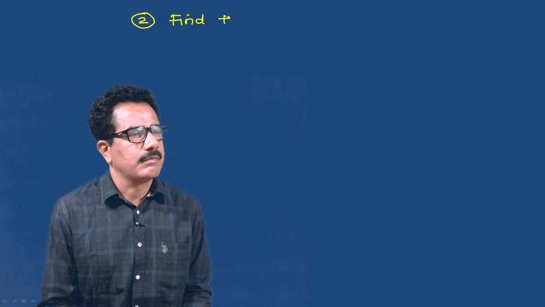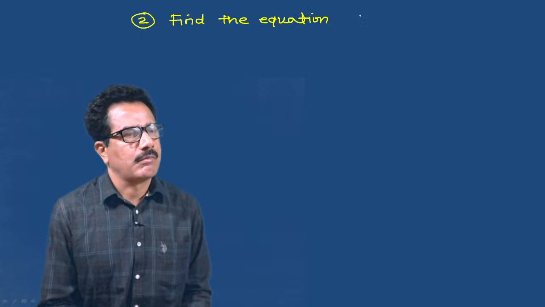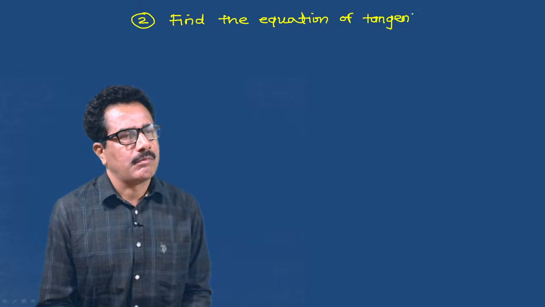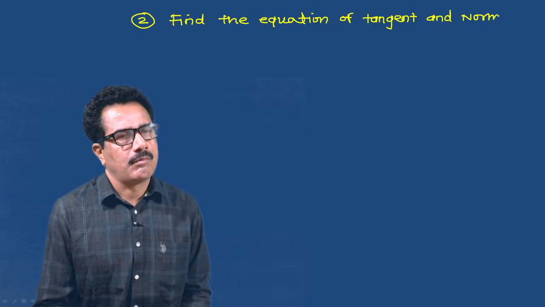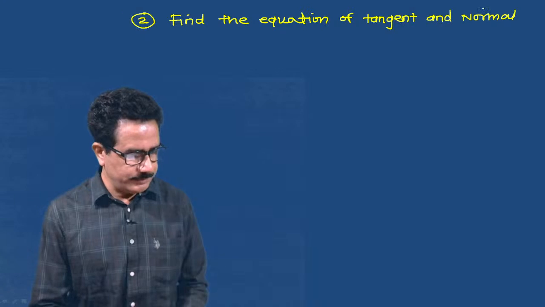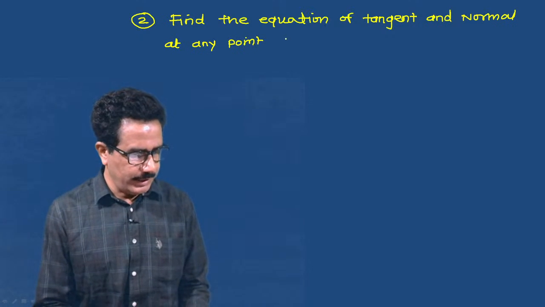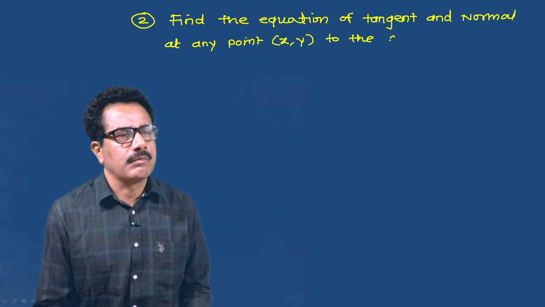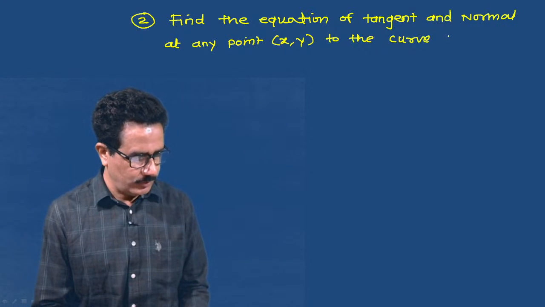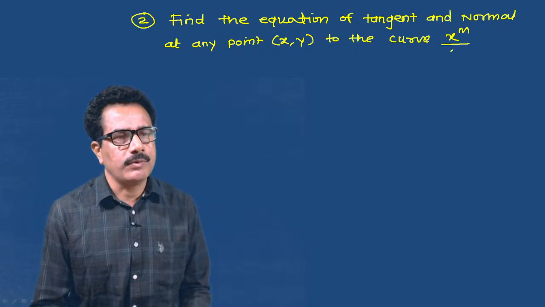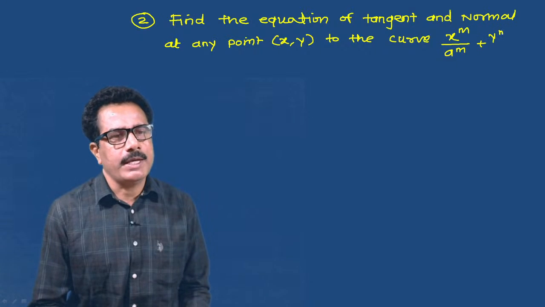Question number 2. Find the equation of a tangent and normal at any point (x, y) to the curve x raised to m divided by a raised to m plus y raised to m divided by b raised to m is equal to 1.